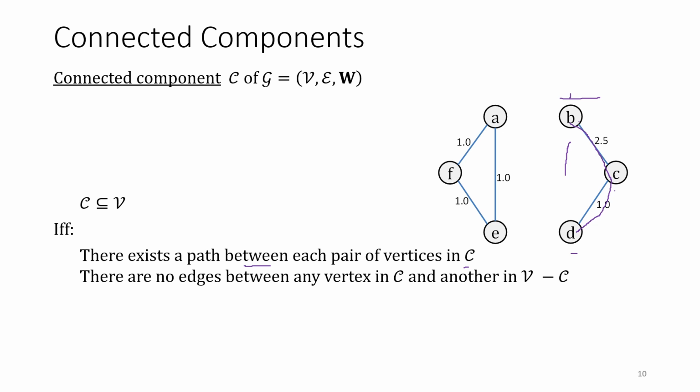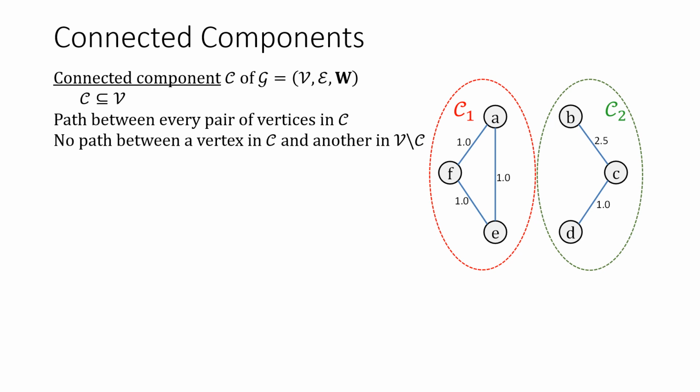On the other hand, there is no path from A to C or from B to F. Why is that? That's because there are no edges between a vertex in one connected component and any other connected component.